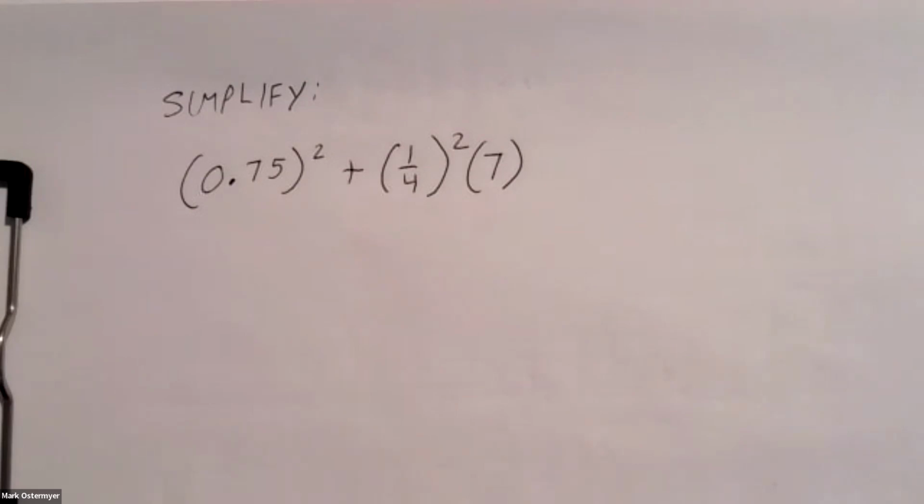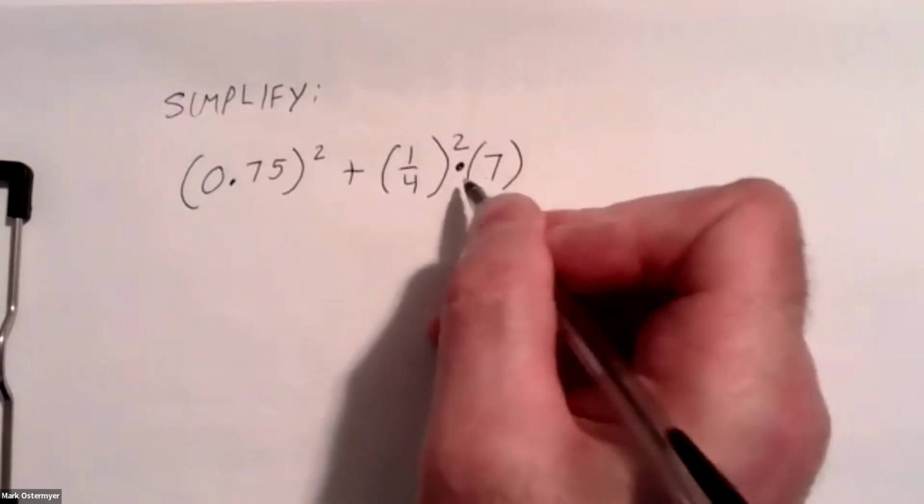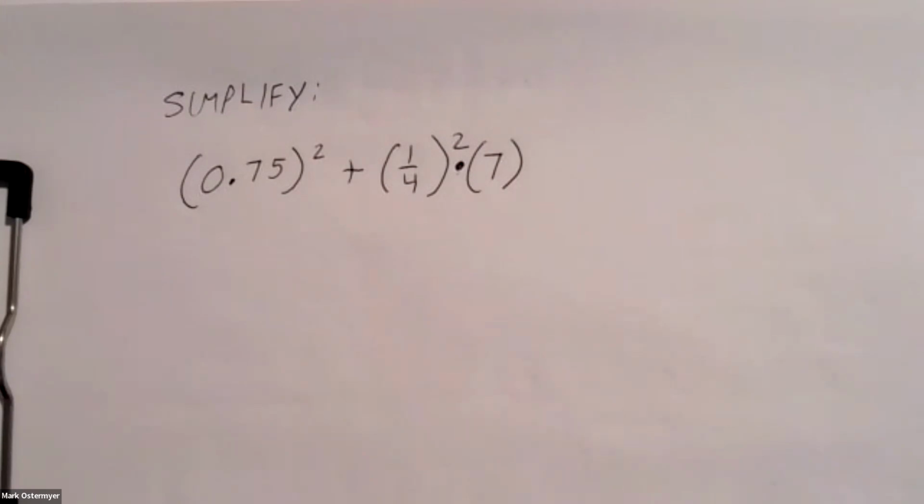Well, we can definitely type this all in on our calculator, ladies and gentlemen. So let's see if we can go do that. Let's just write it down first on our paper, that expression there. Notice in between the 1/4 squared and the 7, there's multiplication. Understood. It's multiplication. Okay. So let's see if we can just write that down and type that in on our calculator.